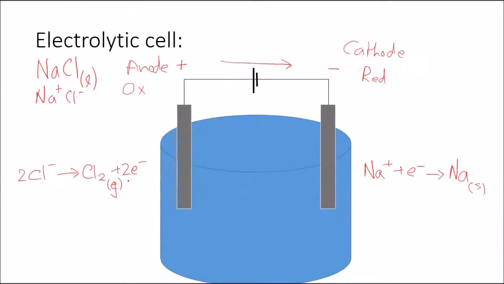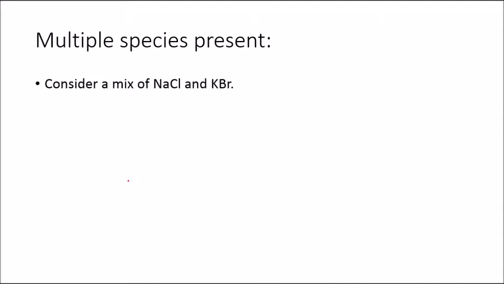It gets more interesting when we're thinking about multiple species. So, let's think about a mixture of sodium chloride and potassium bromide, which is not inconceivable that we might mix these salts and melt them and then electrolyze them.